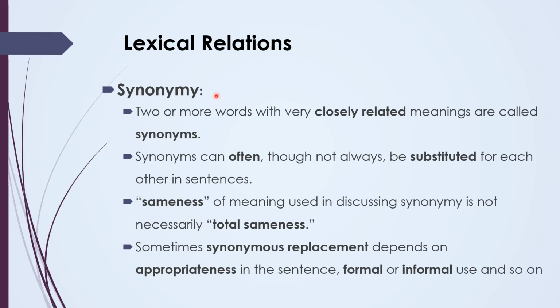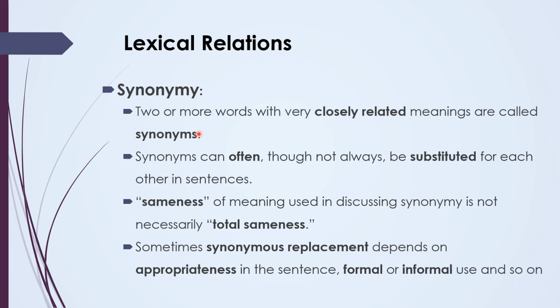So what is a synonym? Two or more words with very closely related meanings are called synonyms. So you know about synonyms. Synonyms refer to similar words, closely related words. Often they can be substituted, but not always.